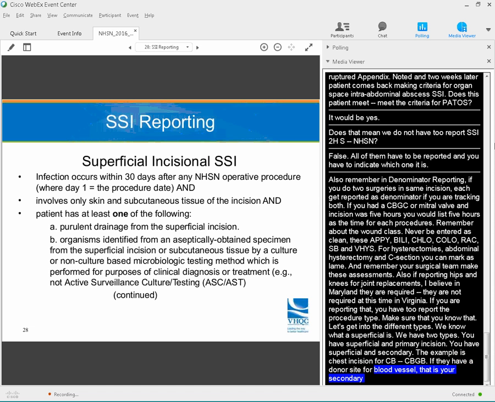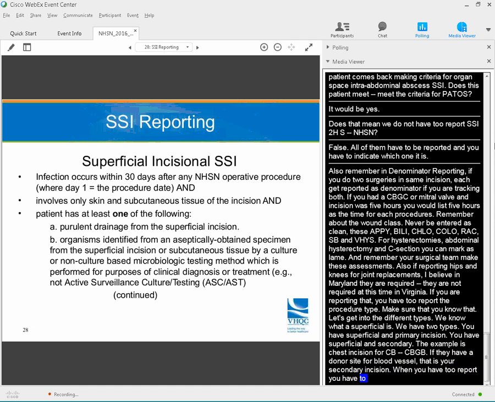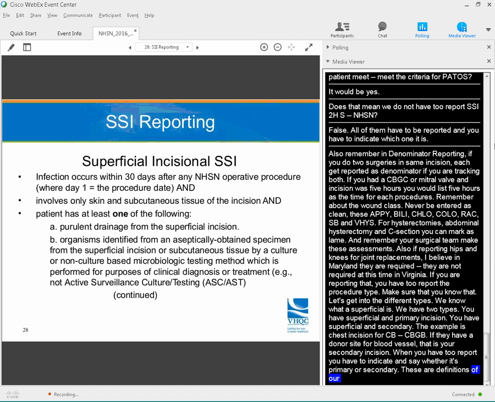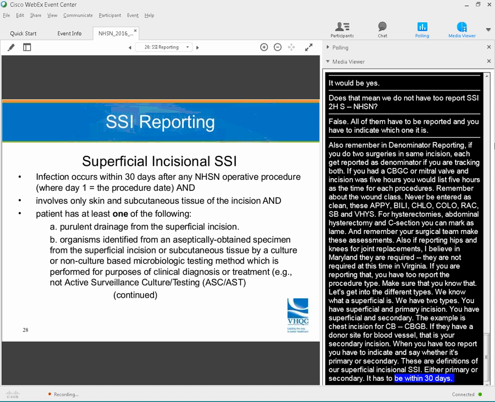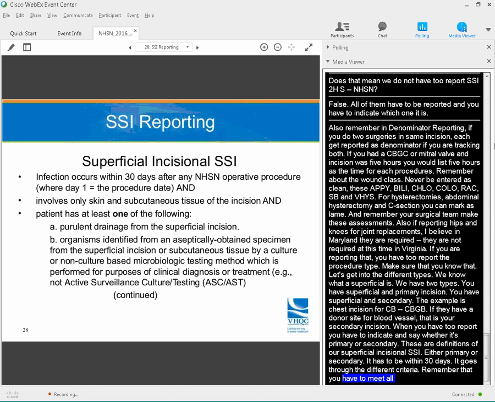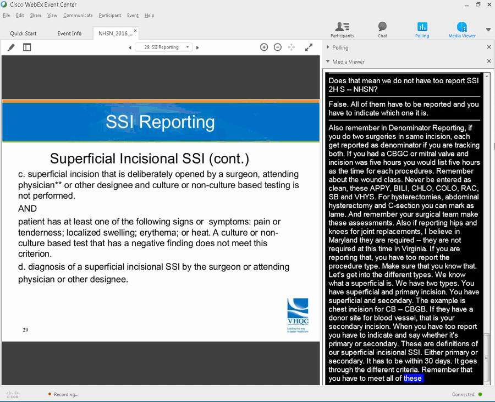And these are our definitions of our superficial SSIs, either primary or secondary. It has to be within 30 days, and it goes through the different criteria. Please remember that you have to meet all of these, or if it says at least one, that you meet one. And part of it's on this page, and go ahead and put it on the next slide too, Sarah.